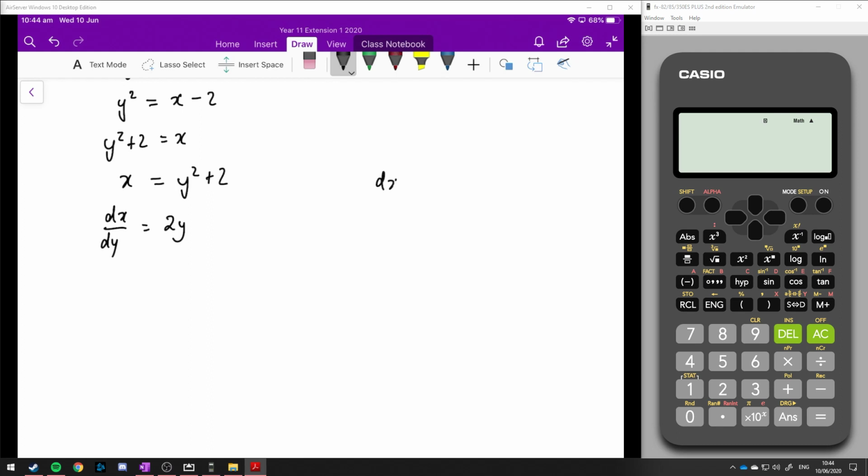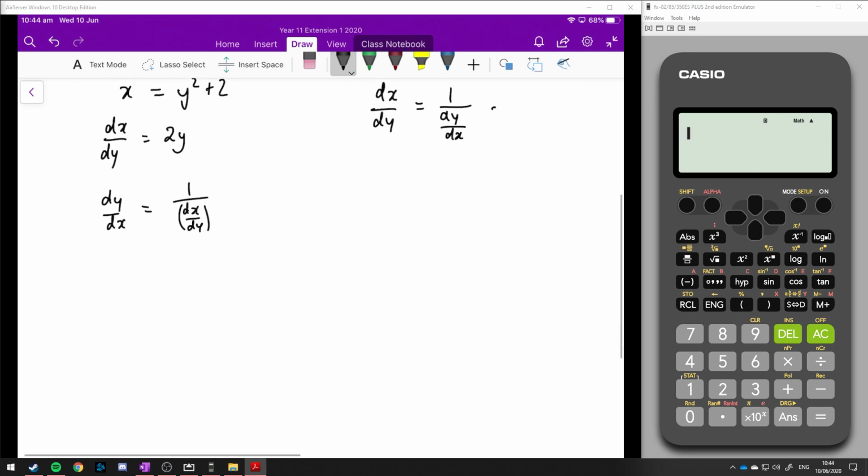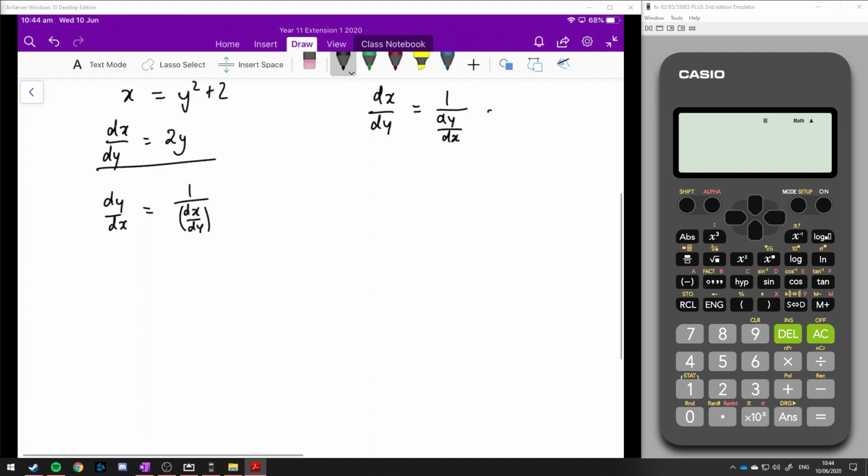So we can actually work out what dy/dx is by doing 1 over dx/dy. Okay, so dy/dx is equal to 1 over dx/dy. Now we know though that dx/dy is equal to 2y. So dy/dx is equal to 1 over 2y.